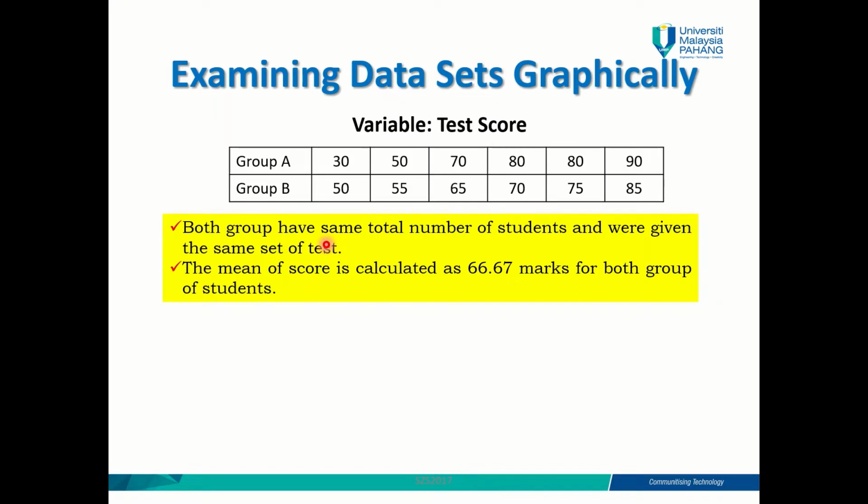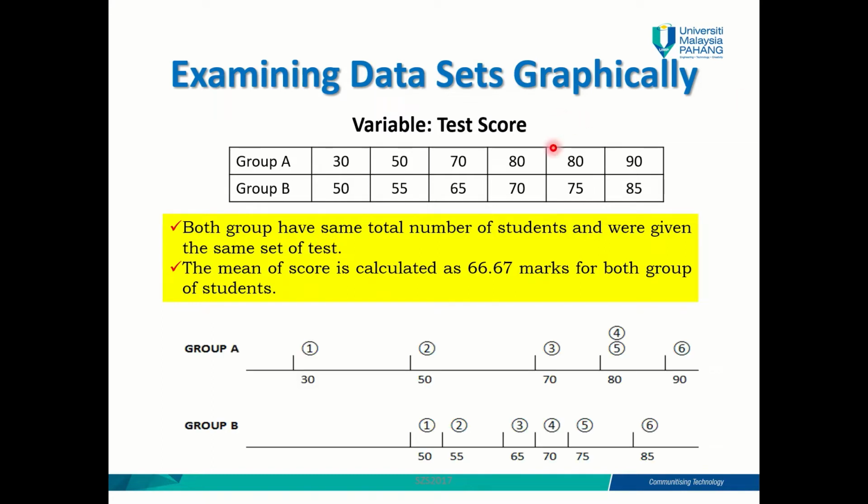Let's try to illustrate these data values on a number line like this. And here is the mean value, 66.67. Now, once you have plotted on a number line like this, you can clearly see that the data values in group A are far apart from each other.